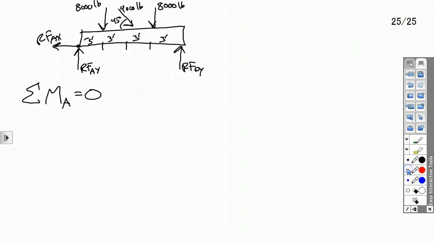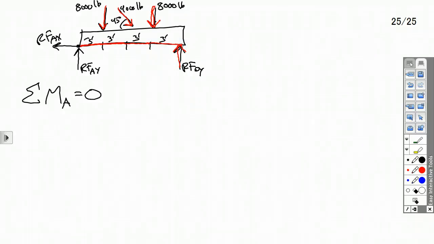So I have this force, which is 3 feet away. I have this force, the components of which are 6 feet away. I have this force, the components of which are 9 feet away. And I have RF dy, which is 12 feet away.